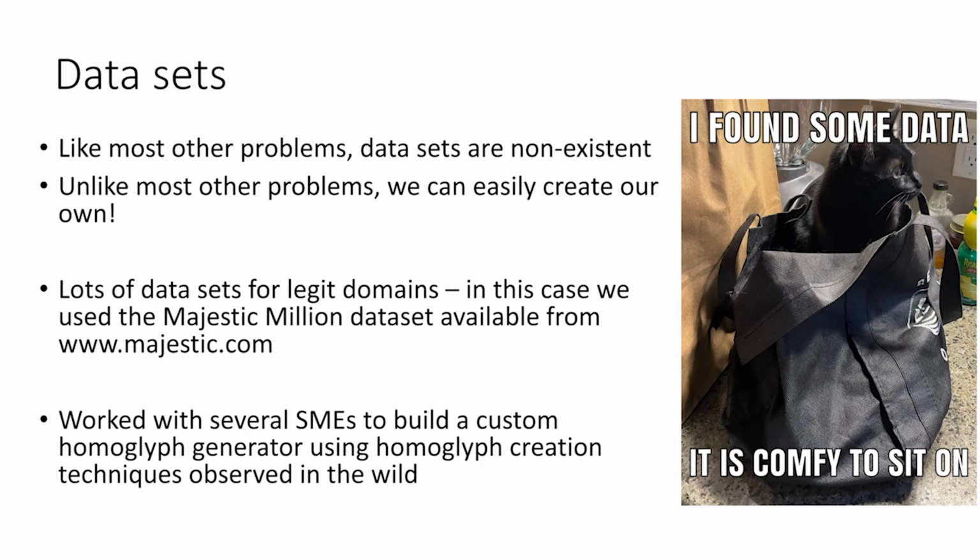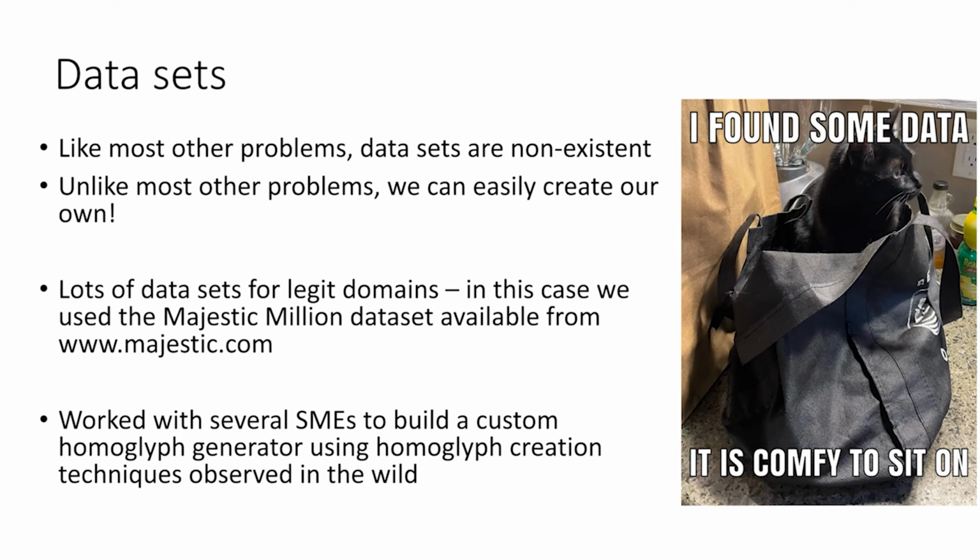So, of course, the usual problem you run into with this is there is no data set out there with labeled data of homoglyphs and the domains that they correspond to. Fortunately, this is a really easy problem to generate synthetic data for.